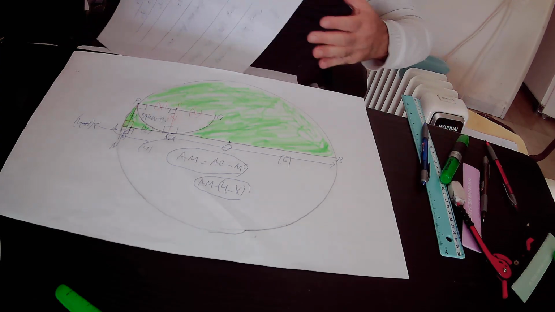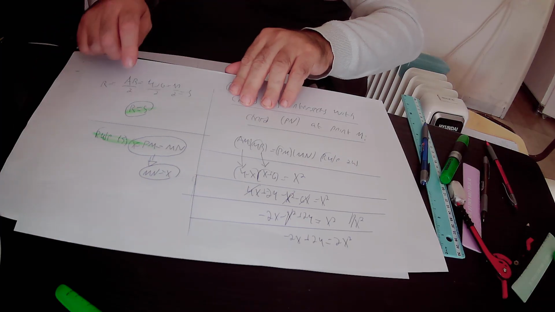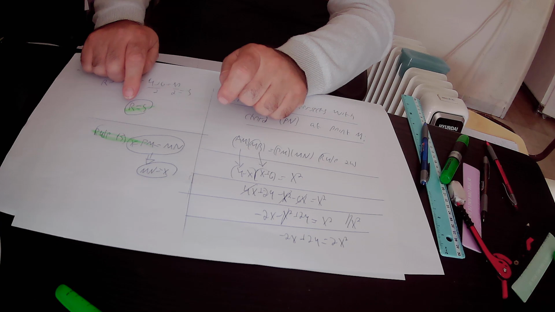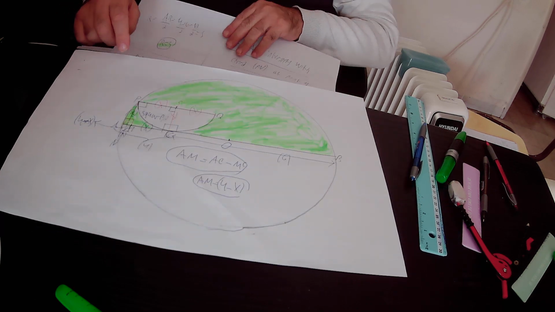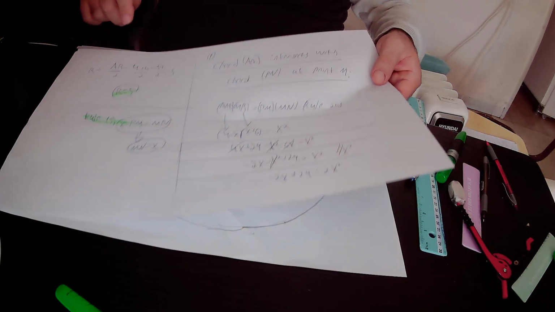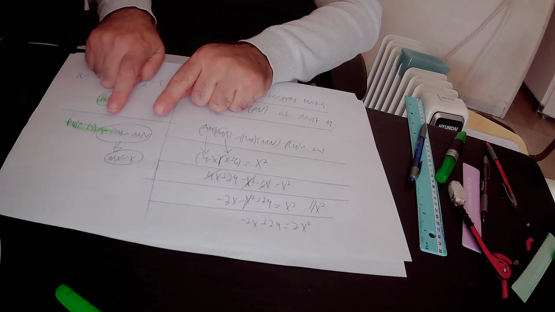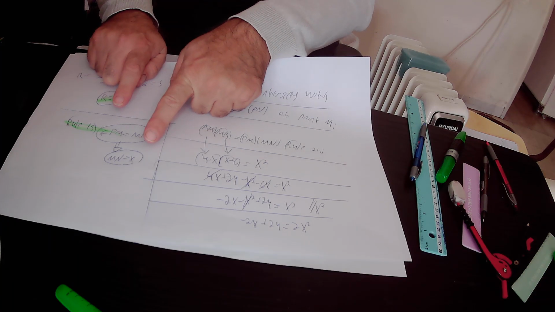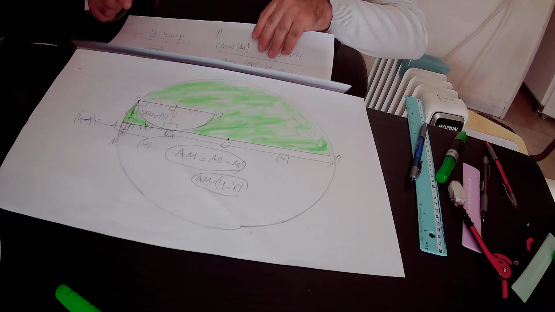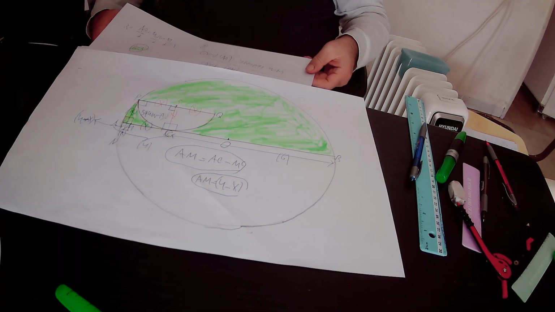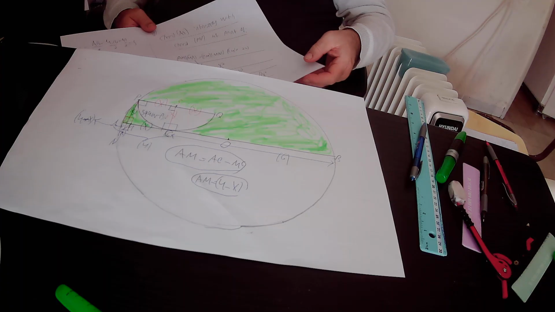So PM equals to MN, but PM equals to X. So from this equation, MN must be also equal to X units in its length. This is the missing side MN, that is equal to X units in its length.